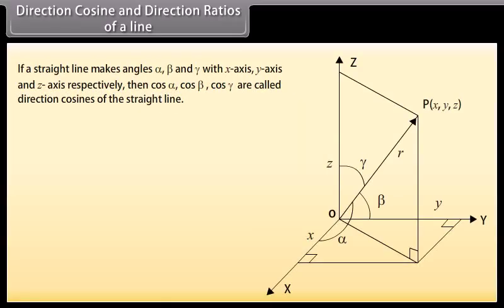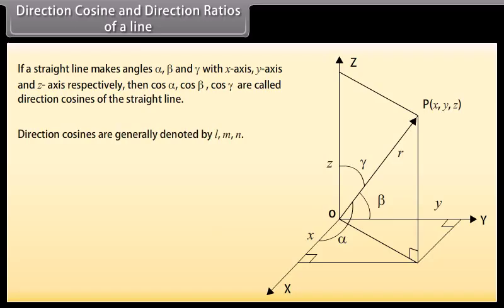Direction cosine and direction ratios of a line. If a straight line makes angles alpha, beta and gamma with x-axis, y-axis and z-axis respectively, then cos alpha, cos beta, cos gamma are called direction cosines of the straight line.